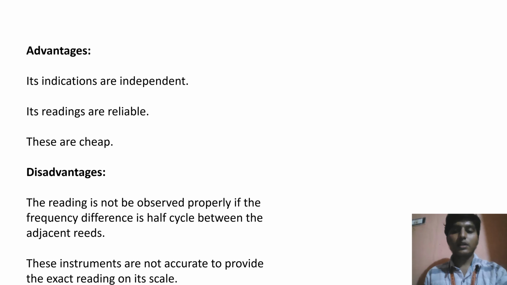The disadvantage is that the reading cannot be observed properly if the frequency difference is half a cycle between adjacent reeds; it is not perfect when the frequency differs. And this is all about the working principle, construction, advantages and disadvantages of the frequency meter.